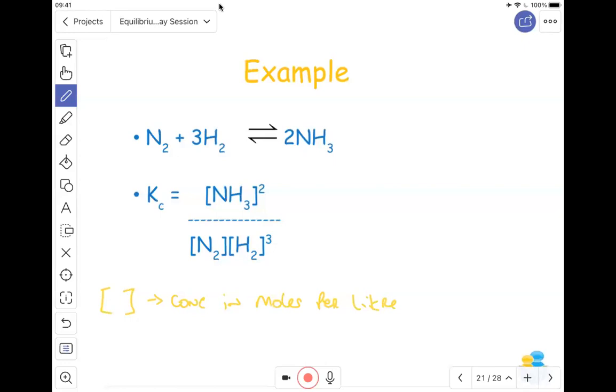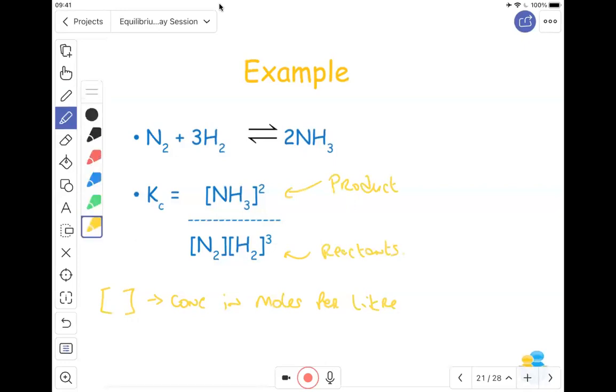And as we can see, we have our product on the top and we have our reactants on the bottom. And you can see that the coefficient of each of these is in the power. So we can see that we have 2 ammonias, so that product is squared on the top.